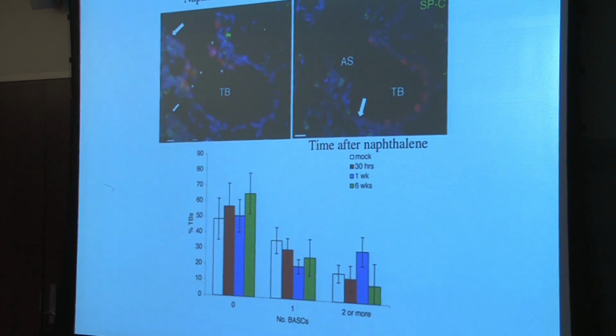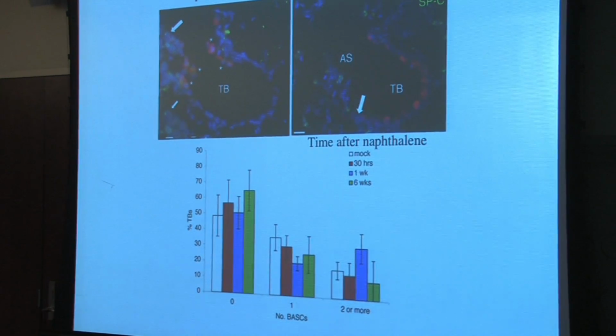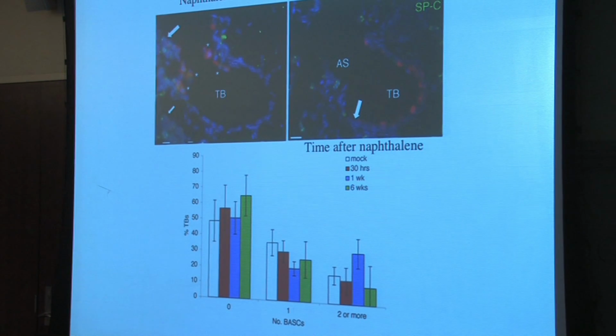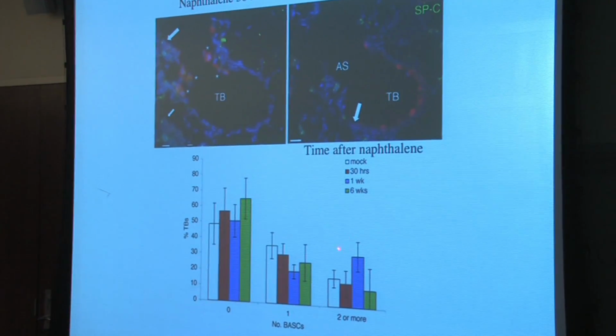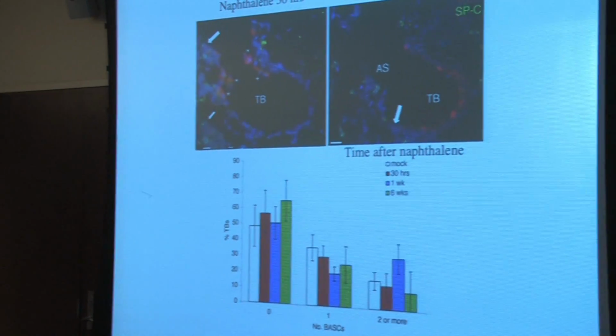And in other studies, we found that VASCs, when they're in normal lung, were never dividing, or did not seem to be actively in the cell cycle. However, after naphthalene injury, they did divide, and this probably leads to the increase in the number of these cells that we saw. So these data suggest to us that VASCs are the first cells in the terminal bronchiole that can respond to injury of the Clara cells.